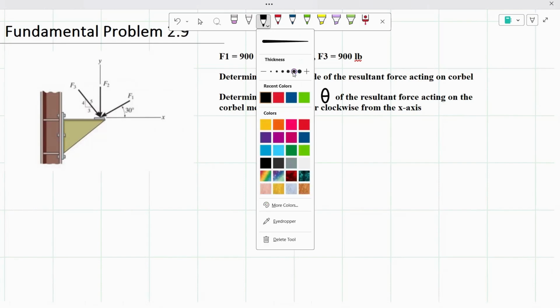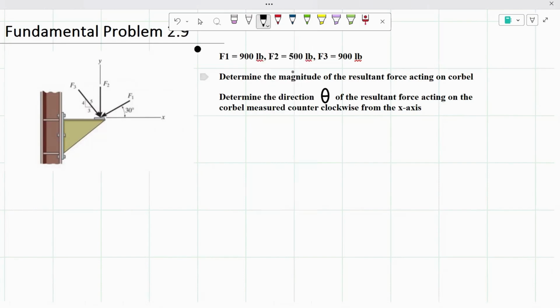So the first thing is let's find the horizontal component of F1, which is this one right here. So we're going to write F1x because we're trying to find its horizontal component. We know that F1 is 900 pounds.